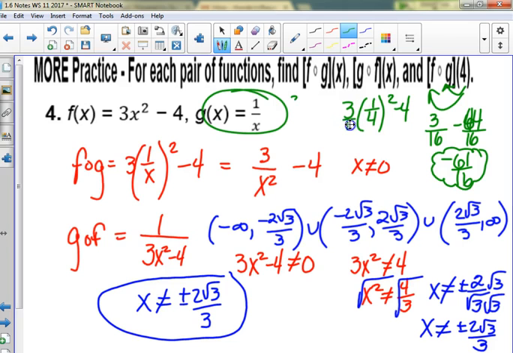Times this 3, which is like a 3/1, so that it multiplies only the top of the fraction, so you get 3/16. Minus 4, I rewrote 4 with a common denominator, but you could have just done 3/16 minus 4, math, enter on your calculator. You're okay? You also could have plugged it in right here and done it on your calculator, Patrick. 3 divided by 4 squared minus 4, math, enter. Okay?